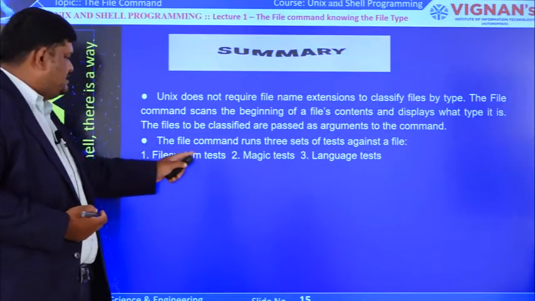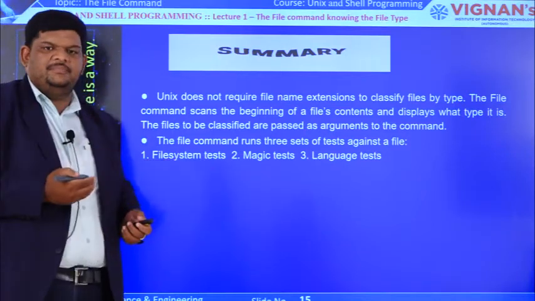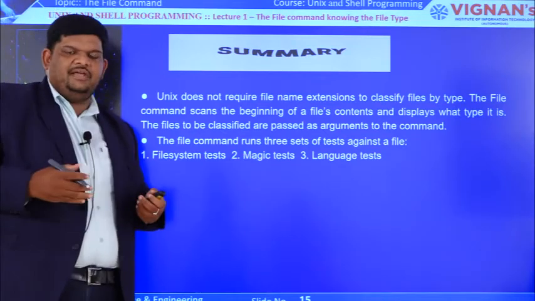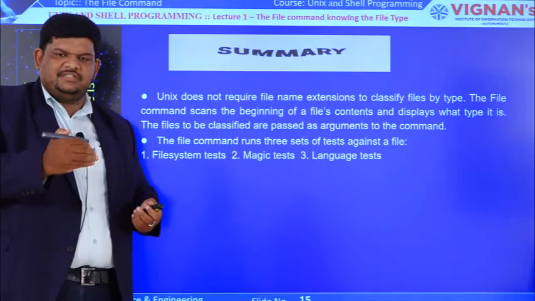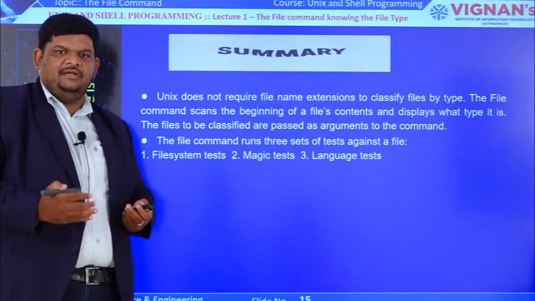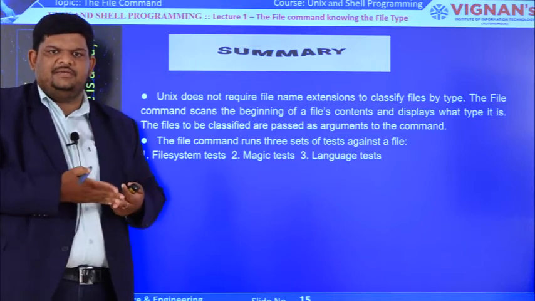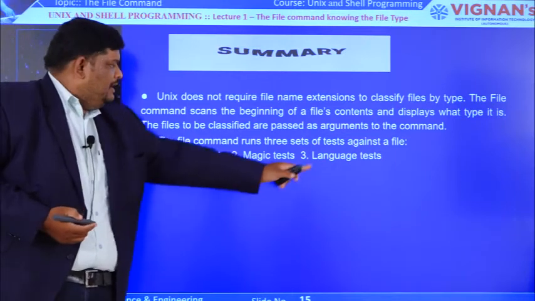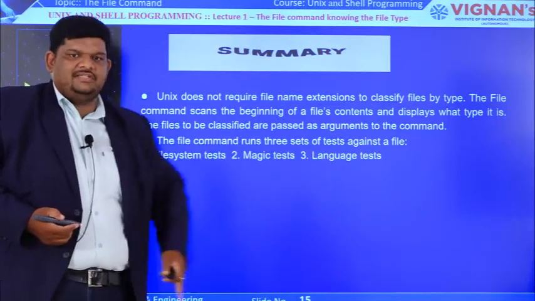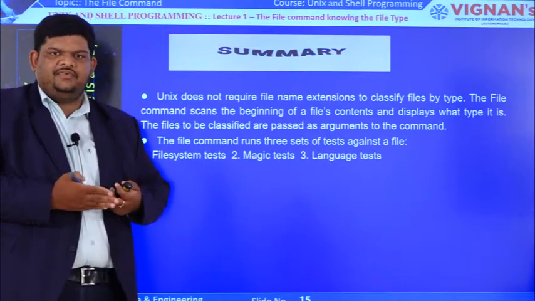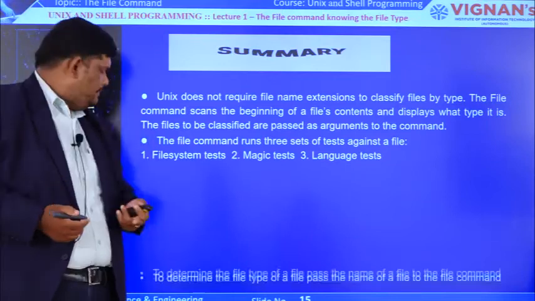In file system testing, it takes the output from the stat system call. In magic testing, it compares with the magic numbers, that means default libraries are there. With that it compares and tells whether it is a PDF, an image or something else. After that it performs language testing. It gives the output in the form of ASCII text or UTF-8 or UTF-16.